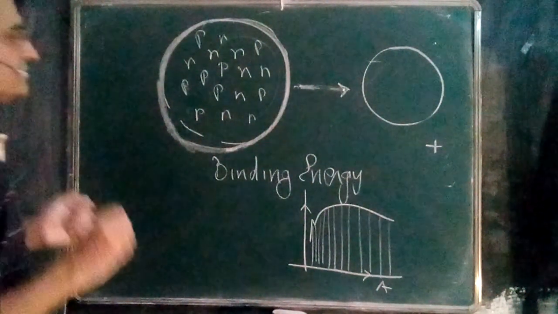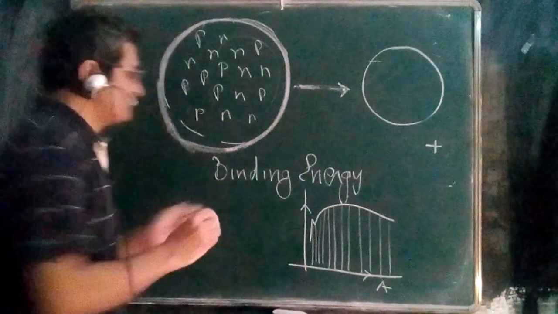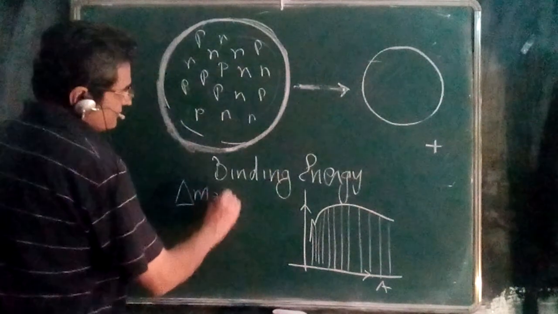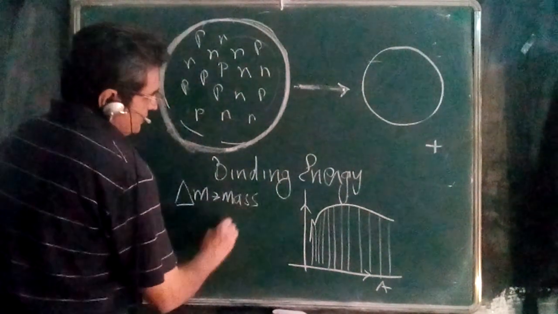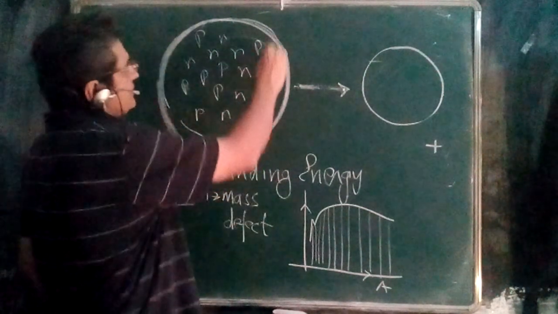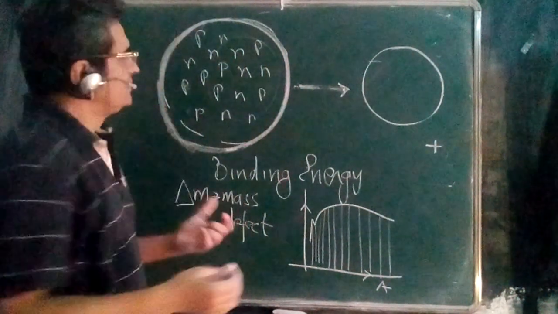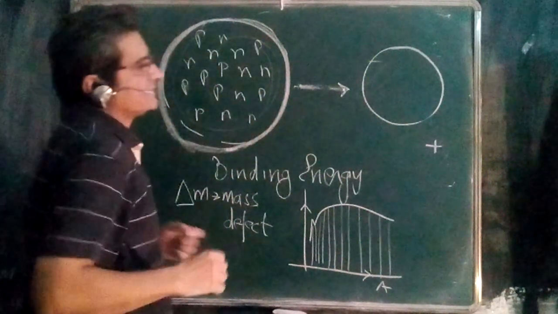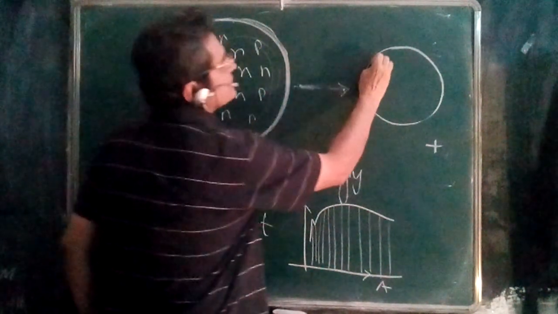Here we have to understand a very important concept of mass defect, that is, delta M is mass defect. Suppose I am making a nucleus out of some number of neutrons and some number of protons, and this nucleus is now formed.